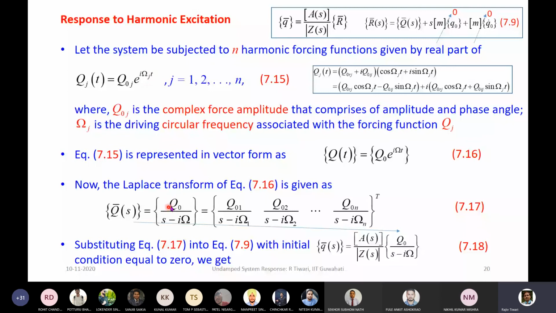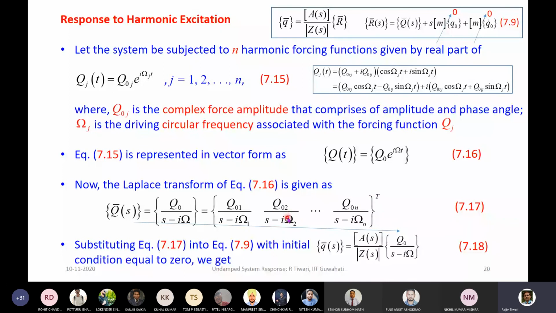So the constant is the same. If we take one of the terms, that is q naught 1 over s minus i capital omega 1 for one of the forces, this for the second force, this for the nth force. So this is the vector form, this is the expanded form, and the transpose represents a column vector.